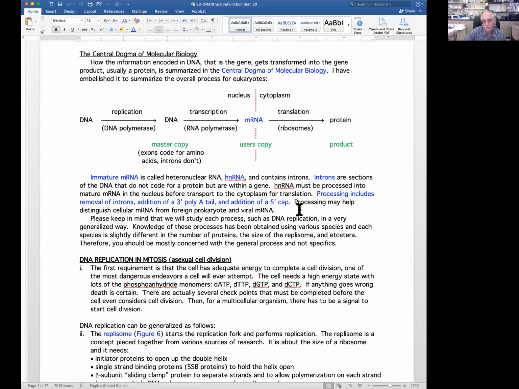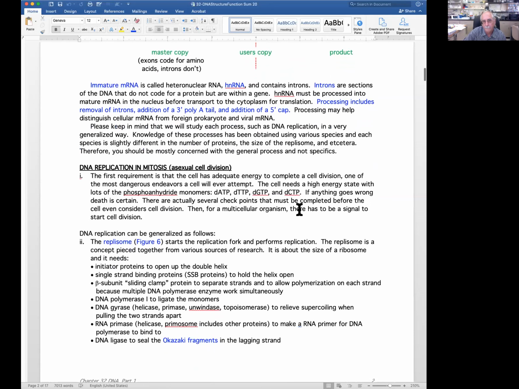So we're going to look at a bunch of stuff, lots of processes, replication, all these different things. And I want you to realize one thing that's kind of important. The knowledge that we're going to be talking about is generalized. It comes from research on all kinds of different species.